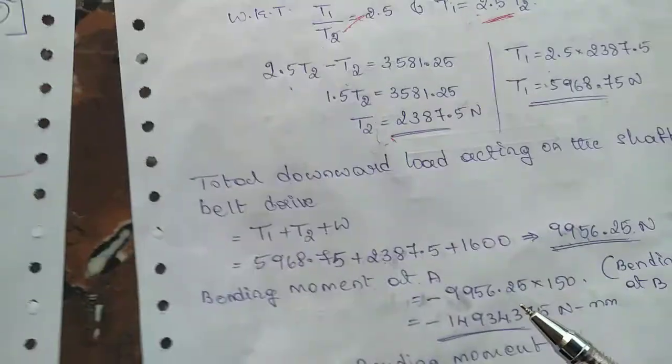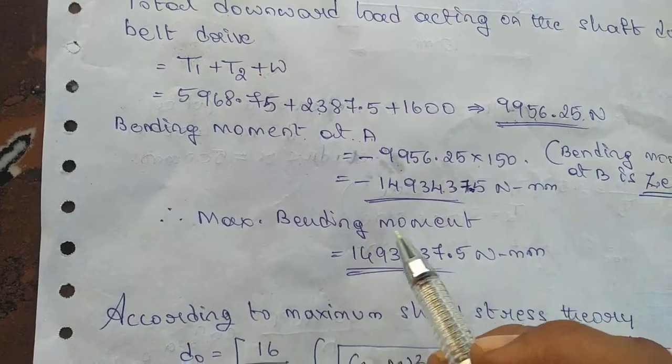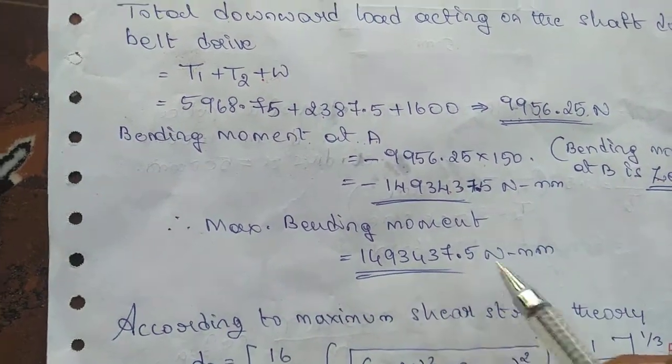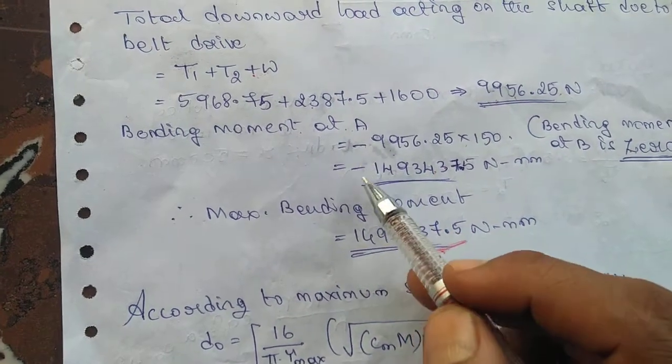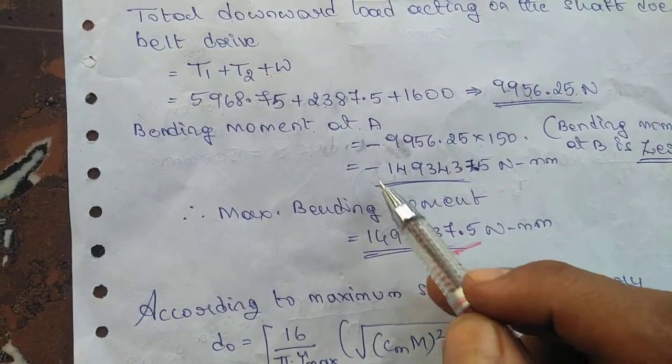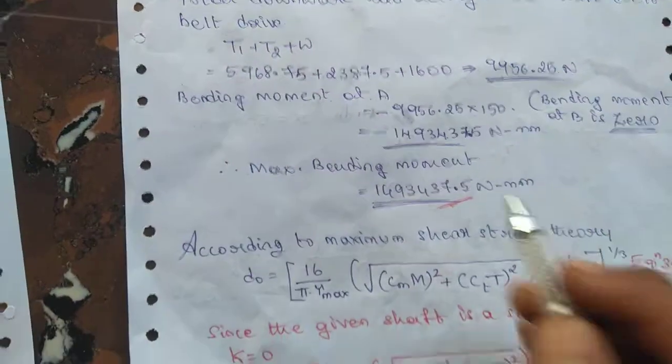So we'll get this value. Since it is the maximum bending moment, it will be a positive value. We have to take sagging and hogging. You might know that sagging will be plus and hogging will be minus.